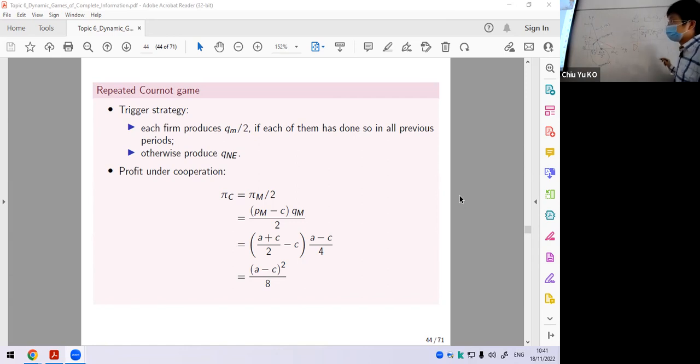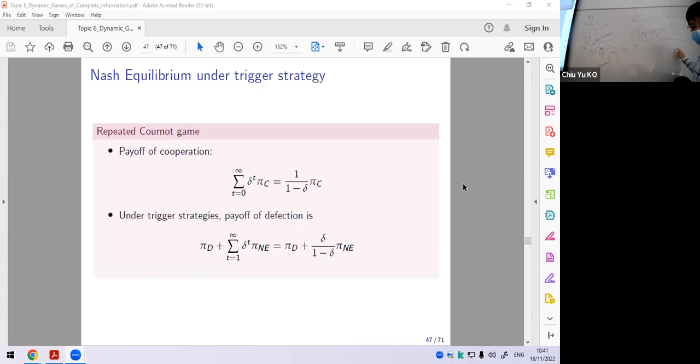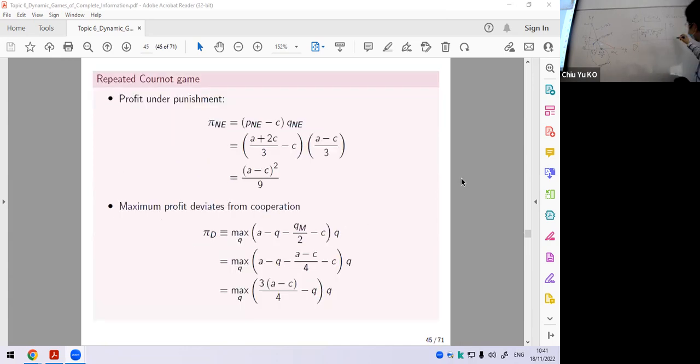If you deviate, you become a bad guy. So this Nash equilibrium is A minus C over 9, same for the other guy.